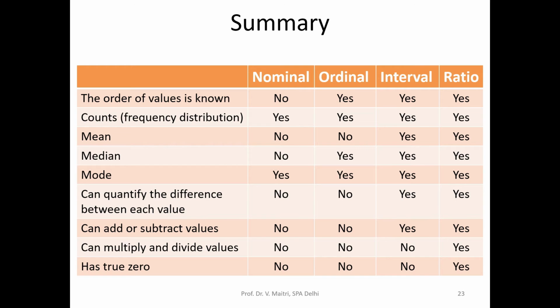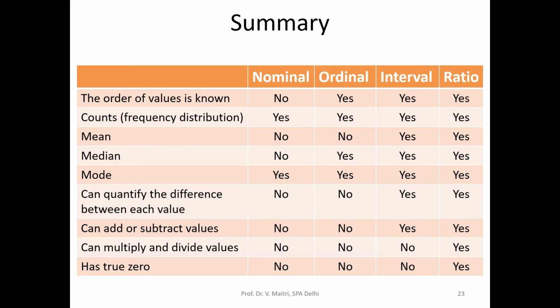So mean is not possible for nominal and ordinal data because it is related to qualitative phenomena. For interval and ratio, yes, we can compute it. Similarly median: for nominal data we are not in a position to arrange it, so median cannot be found.